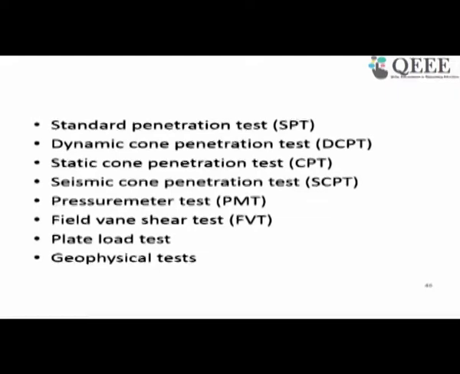Today's module will cover the standard penetration test, the dynamic cone penetration test, the static cone penetration test, and probably the seismic cone penetration test as well. The next two modules will discuss the other related tests.